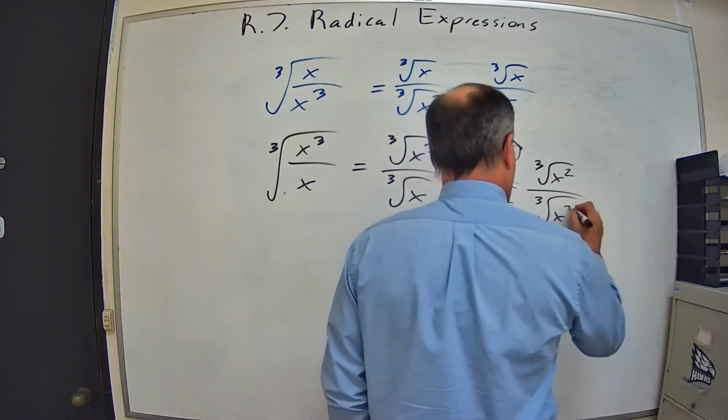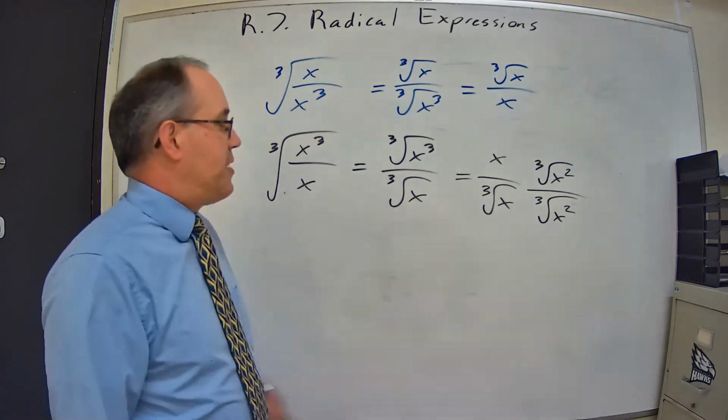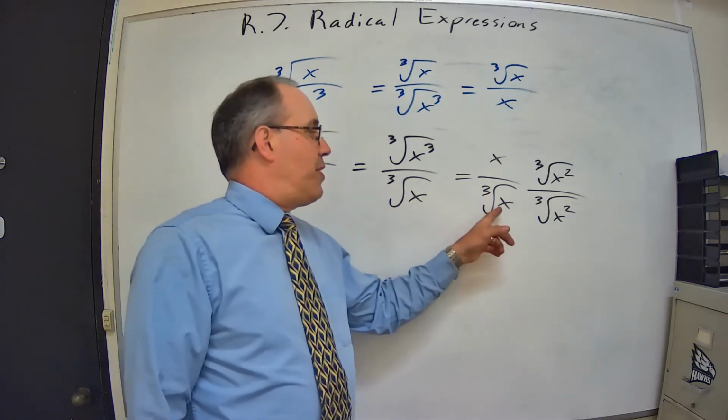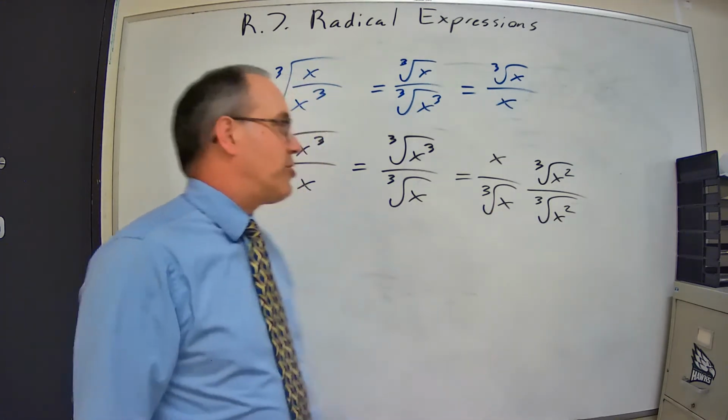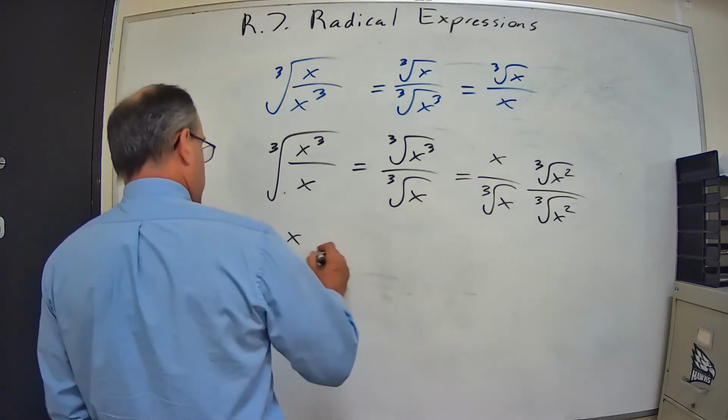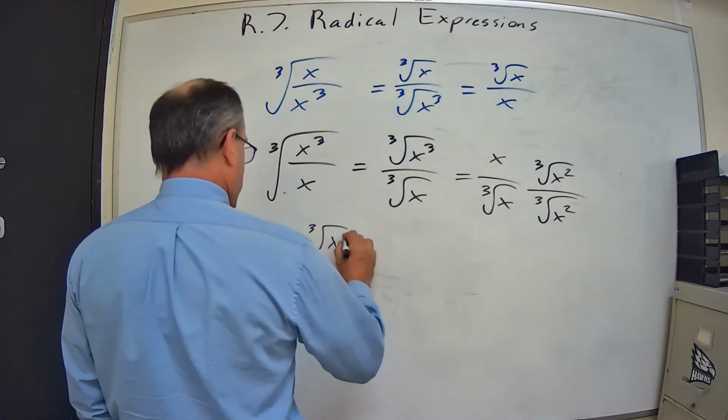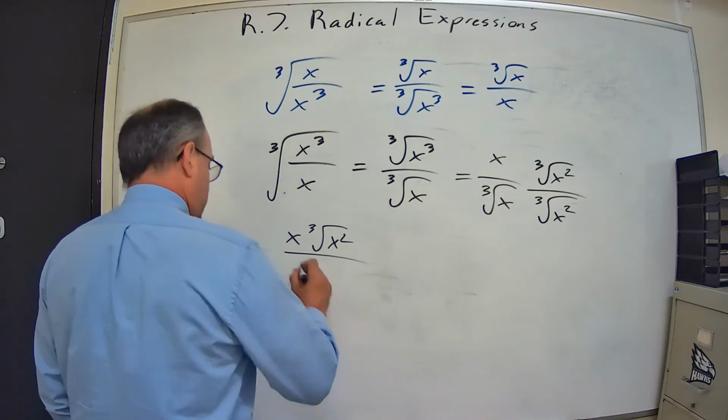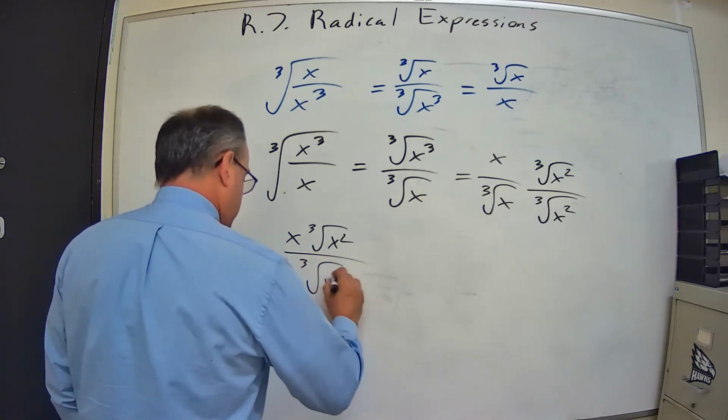Cubed root of x squared. So now we end up with x times x squared is x cubed. And so we have x times the cubed root of x squared over the cubed root of x cubed.